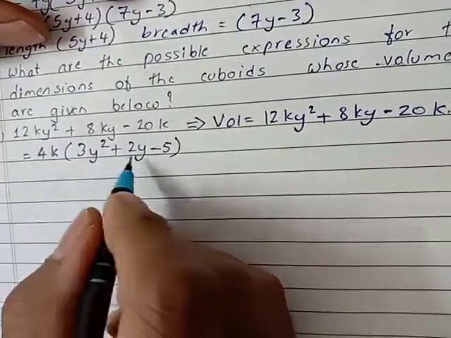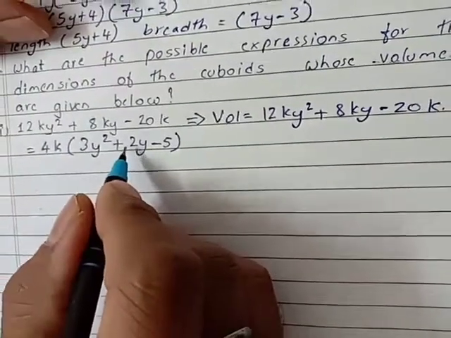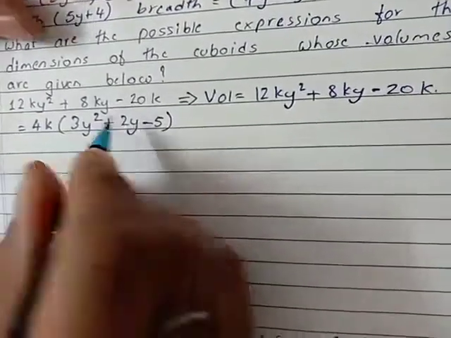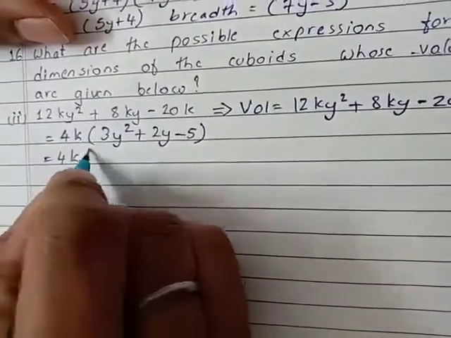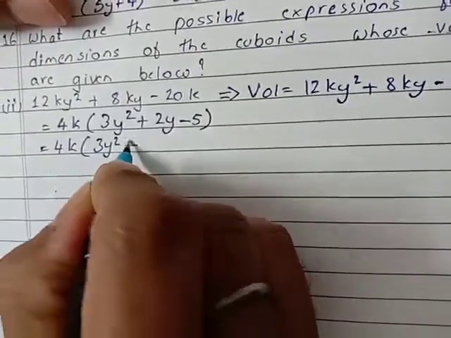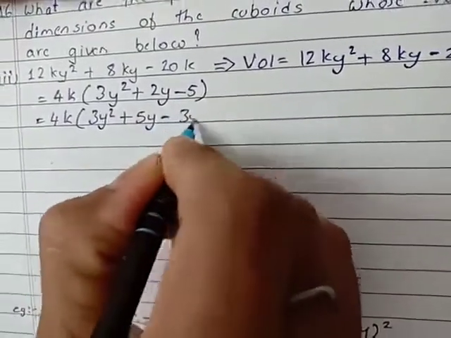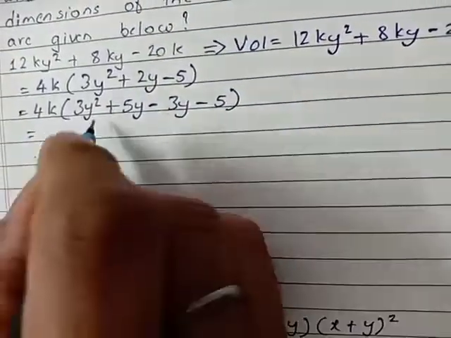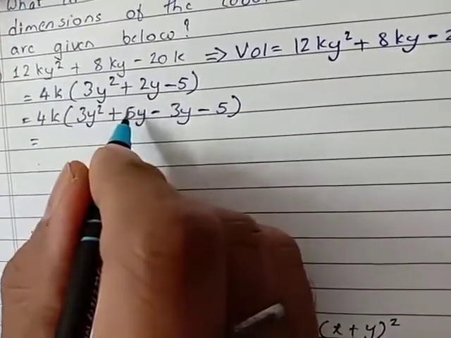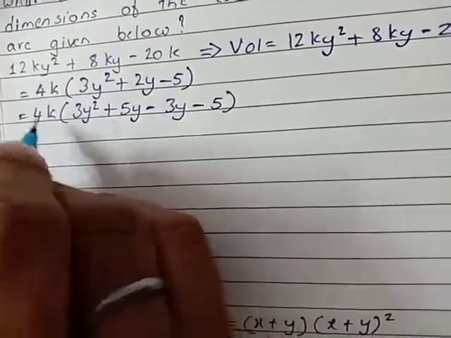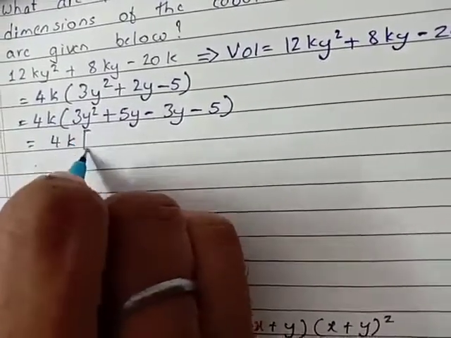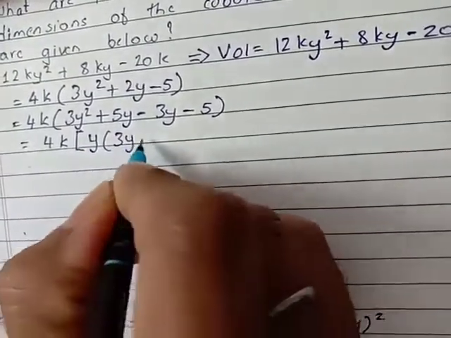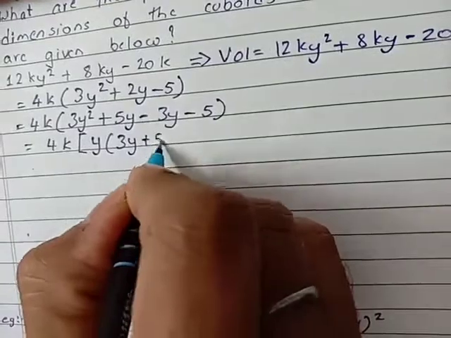Okay. Now we'll split this middle term. How will we split this? Plus 5 minus 3 is 2. Okay. So we'll write it as 3y square plus 5y minus 3y minus 5. Okay. So now what is common in these both? y is common. Okay. So 4k, bracket, y into bracket 3y plus 5.